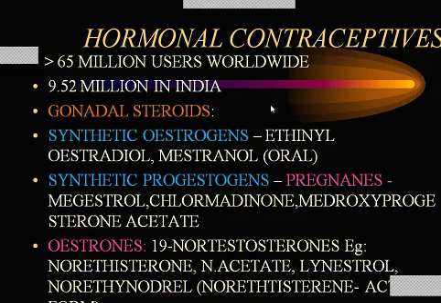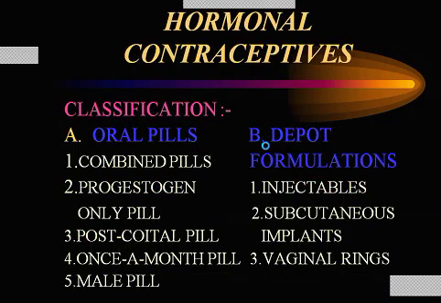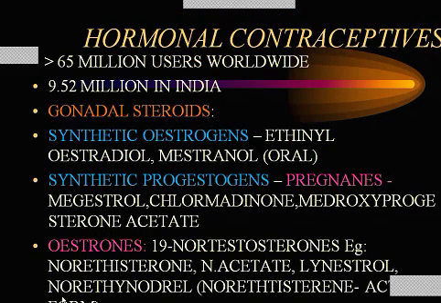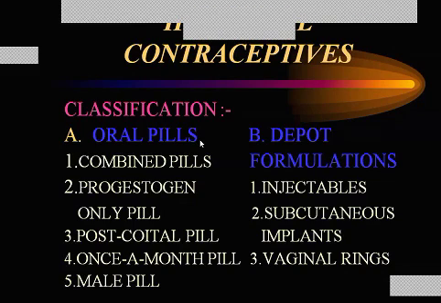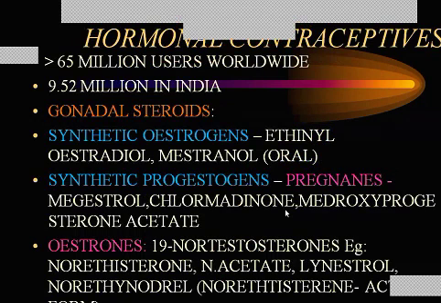Norethisterone is the active form of the 19-nortestosterones. So this is the classification.